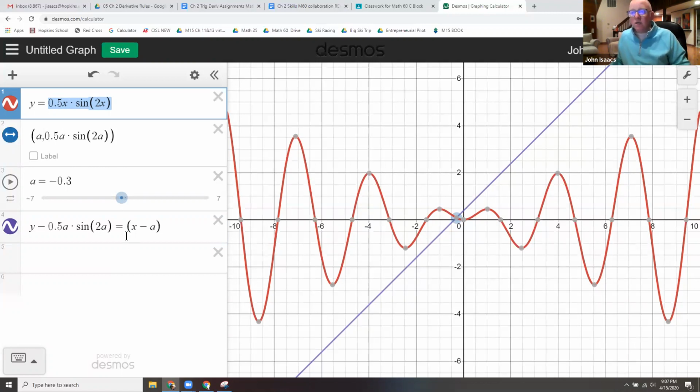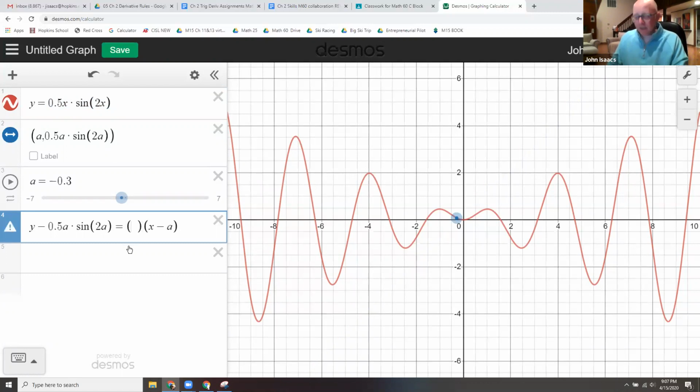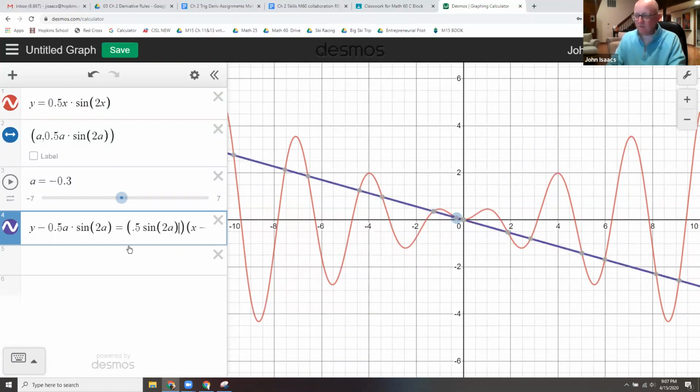So here, where the slope would be, I need to put, inside parentheses because it has a plus sign in it, 0.5 sine of 2x, except I'm not going to use x, I'm going to use a, right? Because this is our place where we have static values that go with the slider. A kind of moves because we're programming it to move.